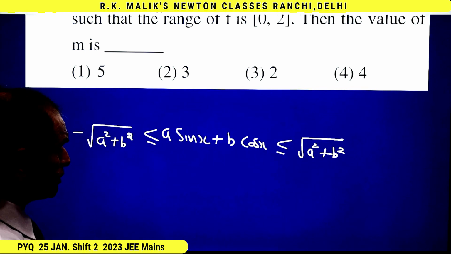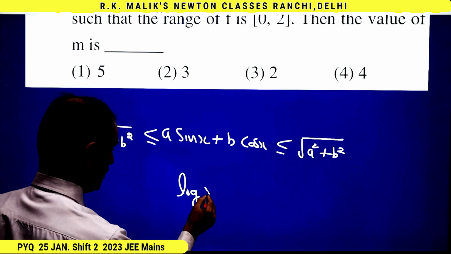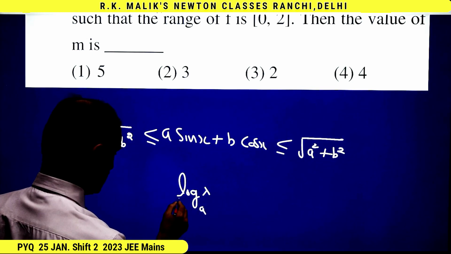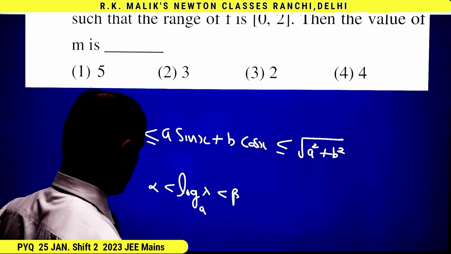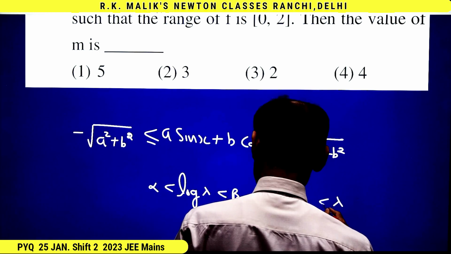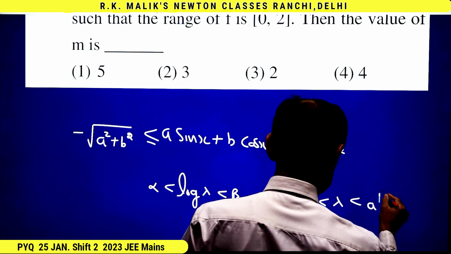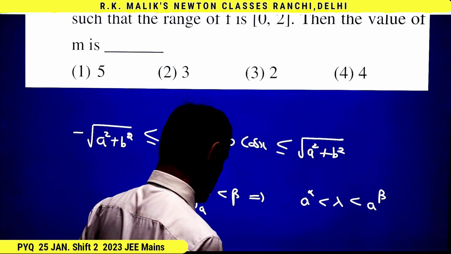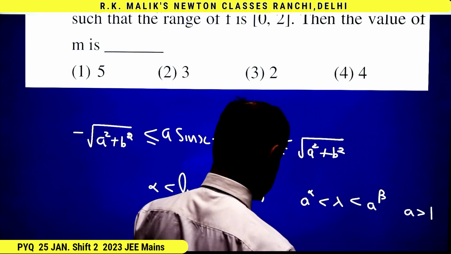And the second point to be noted is if log of lambda to the base a lies between alpha and beta, this implies that lambda lies between a to the power alpha and a to the power beta if a is greater than 1.